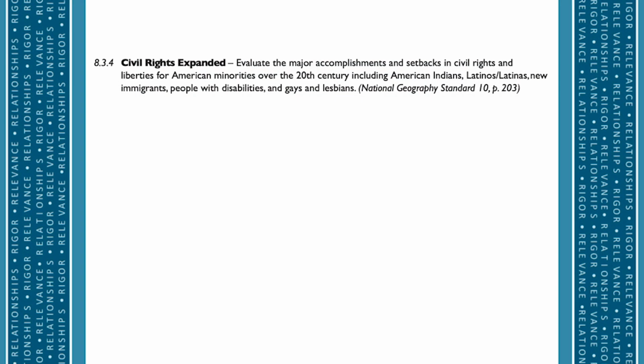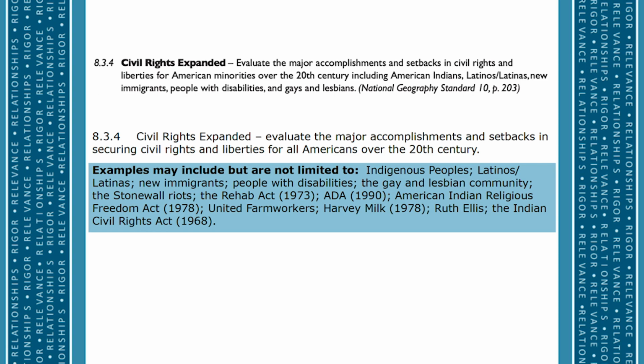For example, if you take a look at the civil rights movement, whereas before we had several examples of groups of people, now we also have specific legislative actions, and we have certain people listed as well.